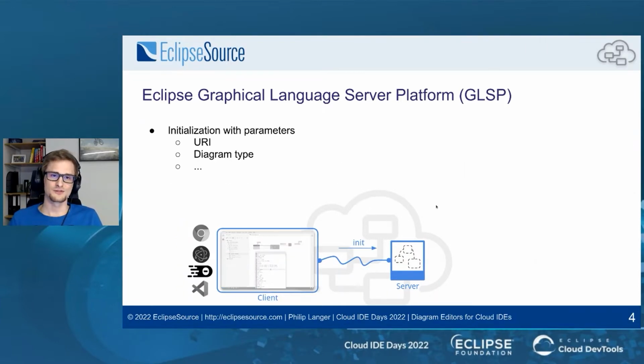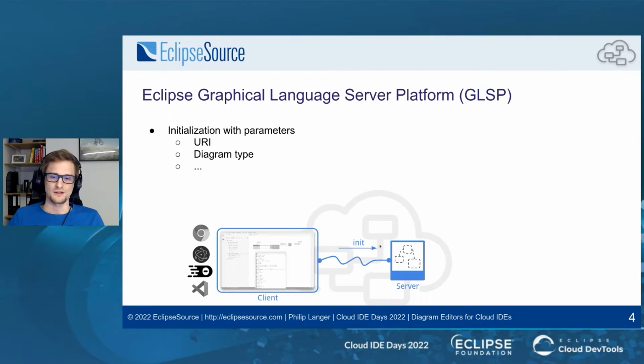So how does GLSP work? Whenever a user, for instance, opens a file in, let's say, Eclipse Theia, then the Theia integration of GLSP will trigger the GLSP diagram editor for your language, and this will then send an initialization request with certain parameters, like a URI that identifies the file, or a diagram type, or any arbitrary custom arguments, from the client to the server.